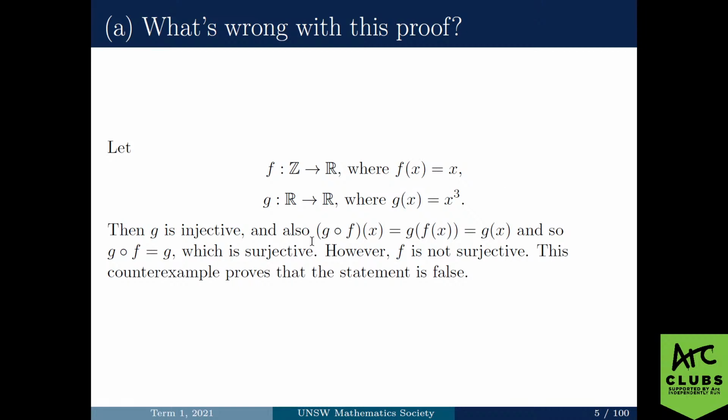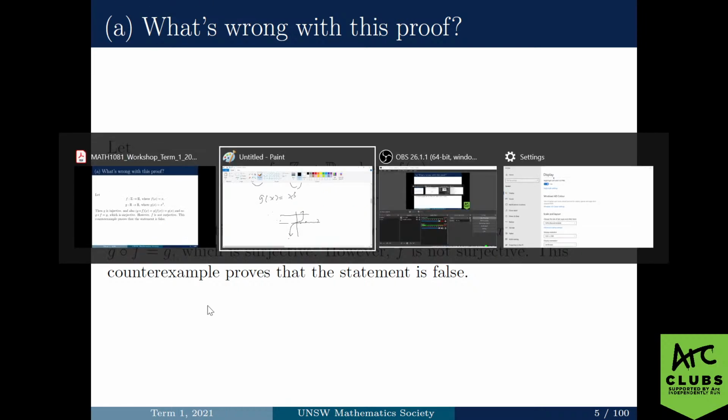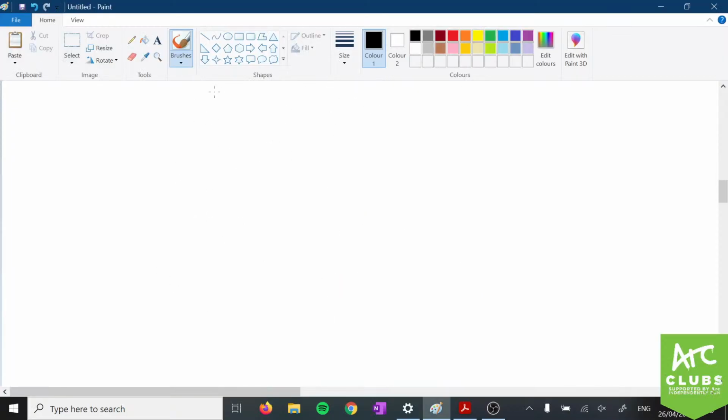The next part is g composed with f of x equals g(f(x)) equals g(x). Let's confirm that as well. So what's g composed with f? g composed with f of x.